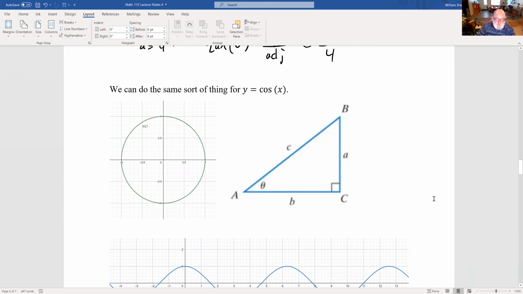You can do the same sort of thing for y equals cosine x. This is an angle. Cosine x is b over c, right? Adjacent over hypotenuse. If we're dealing with a unit circle, if this is x, then cosine x is this horizontal part.